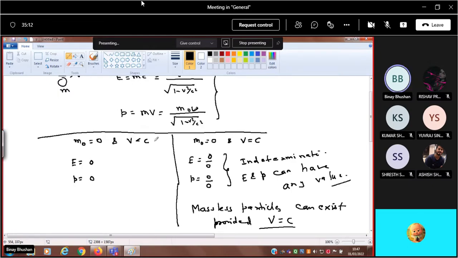Only massless particles can move with the speed of light. और massless particles उसी स्पीड से मूव ही कर सकता है, दूसरी स्पीड से नहीं, because if it starts moving with speed less than the speed of light in free space, then its energy and momentum will be zero.